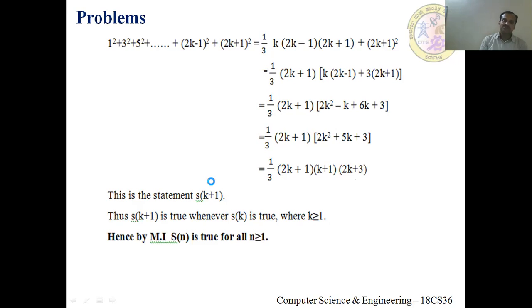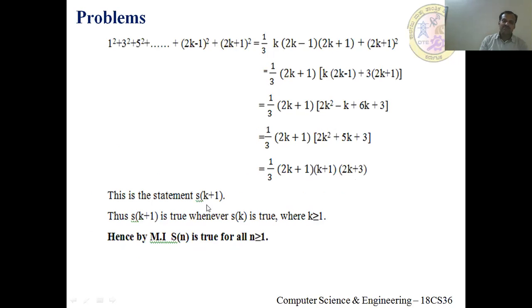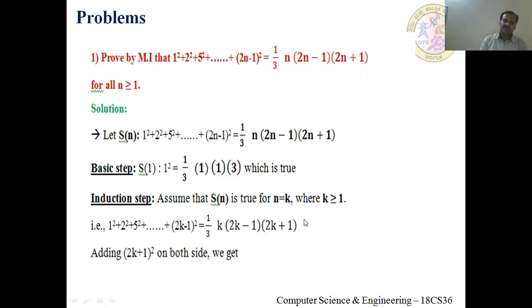It means we assume that your statement is true for n is equal to k. Finally, we are in a position to show that it is true for n is equal to k plus 1 also. Thus, we say that S of k plus 1 is true whenever S of k is true for all the values k greater than or equal to 1. Basically, in the basic step, we show the statement is true for n is equal to 1.